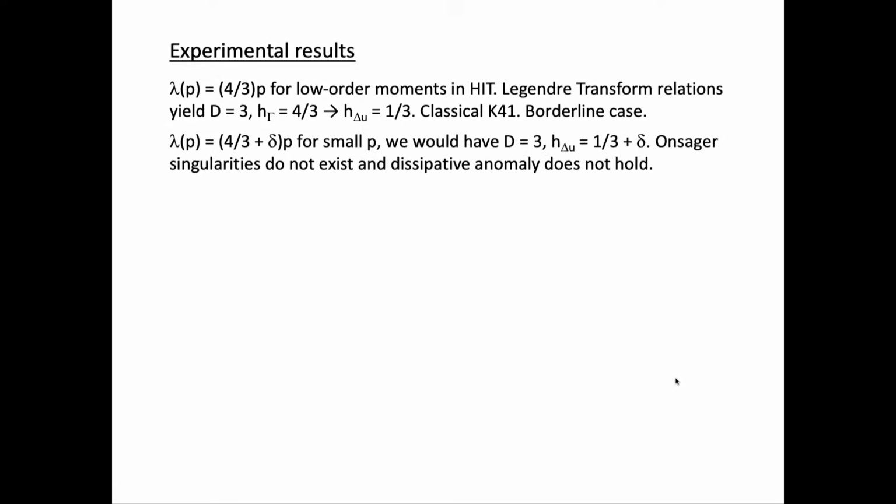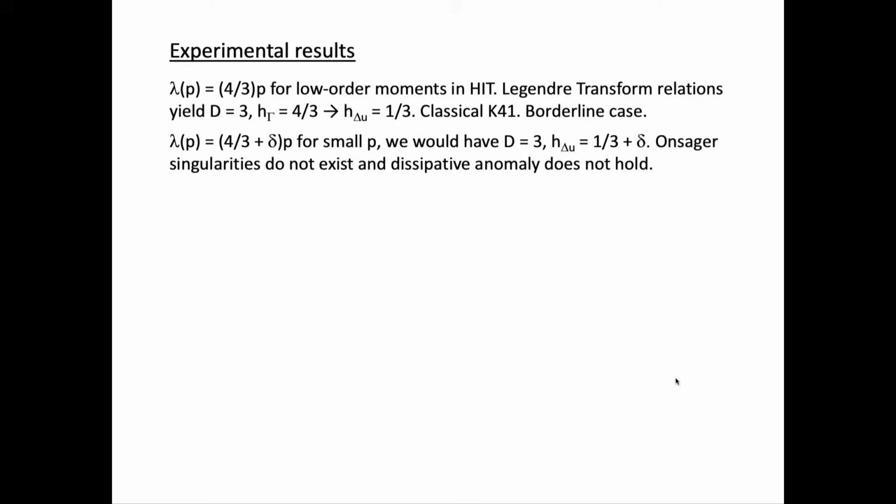In fact, it says that if the exponent is not 4/3, but slightly larger than 4/3, then Onsager singularities do not exist, and dissipative anomaly, or this dissipation going to finite value as viscosity goes to 0, does not hold. And in fact, I could convince you by looking at the data that it is slightly larger than 4/3 when I said it is actually on 4/3.